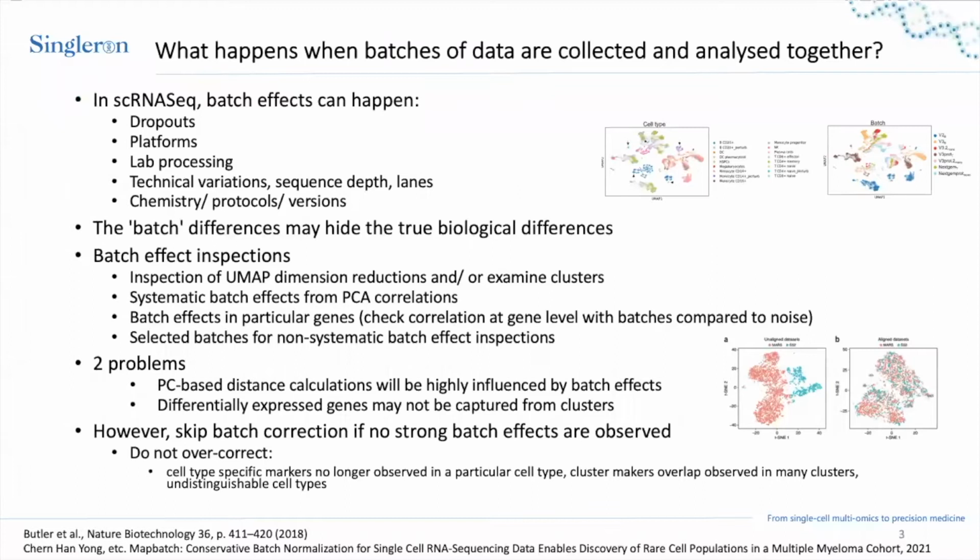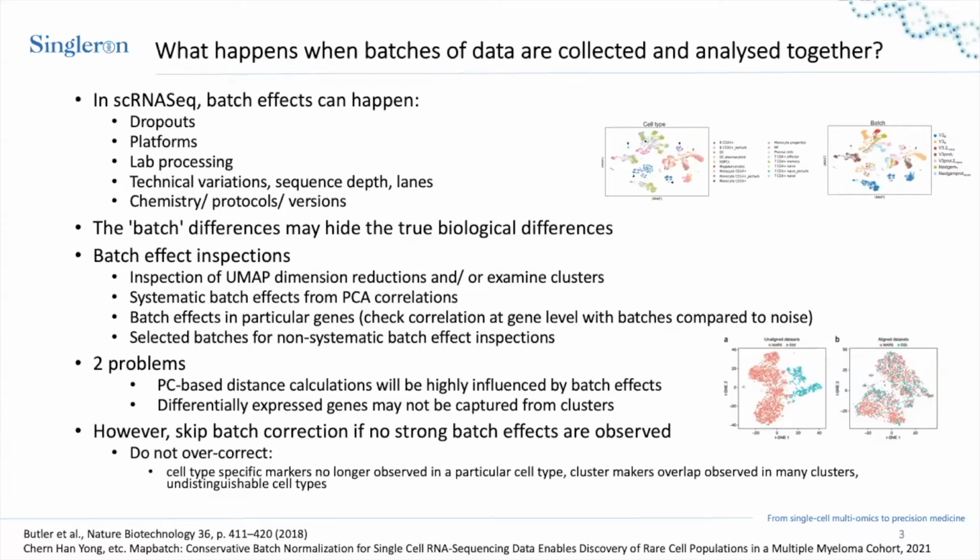So without further ado, let us quickly look at the first topic: what happens when batches of data are collected and analyzed together. In single cell sequencing, batch effect is sometimes unavoidable due to lab processing, different reagents used, technical variations, different days of experiments, or multiple lanes in the experiments.